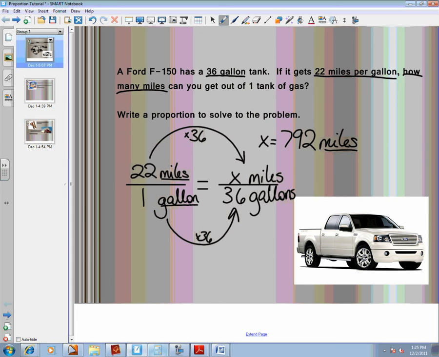Now, I could have solved this going ratio. I'll do this in red. Red for ratio. What is 22 divided by 1? Well, that's 22. So that I know now x divided by 36 has to equal 22.